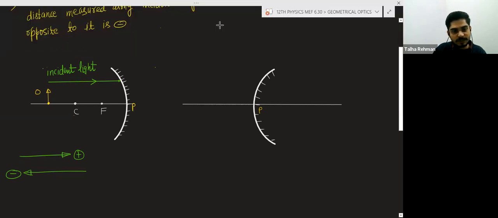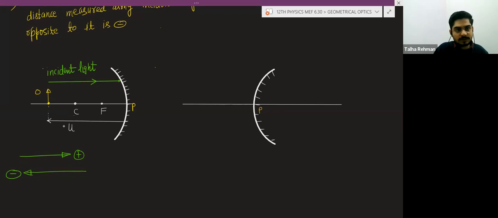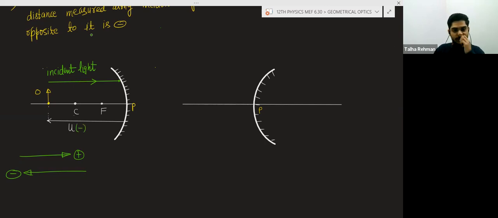This is the pole. So basically this is the object distance u. Small u is the object distance, and you are measuring the distance from the pole in this direction, so this distance will be negative in this case. And what is the small u? Small u is the object distance.